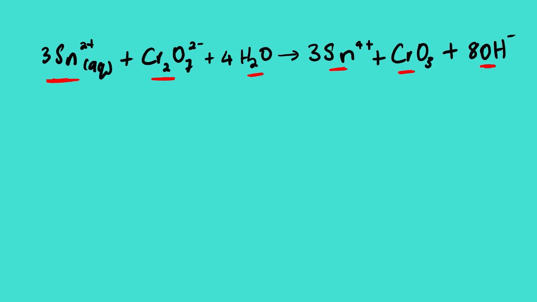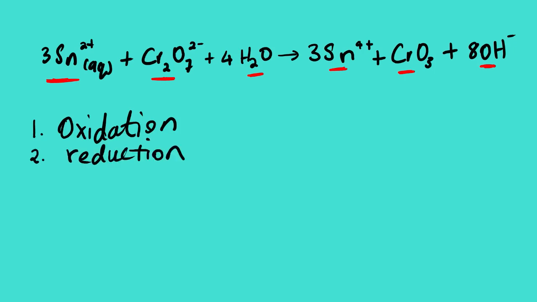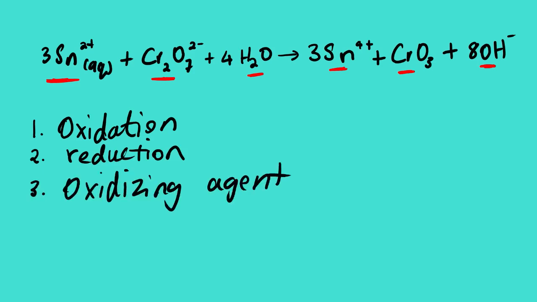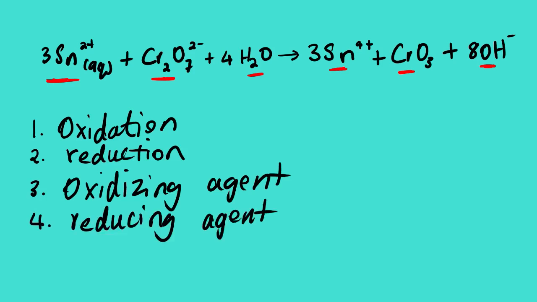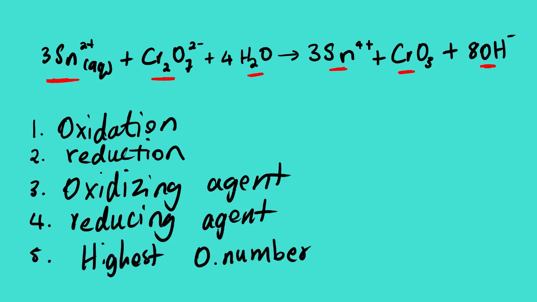With this equation we are going to go through questions like: element that undergoes oxidation, element that undergoes reduction, element which is an oxidizing agent, element which is a reducing agent, elements with highest oxidation number, and lastly the element with the lowest oxidation number.